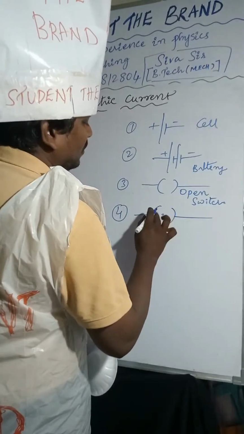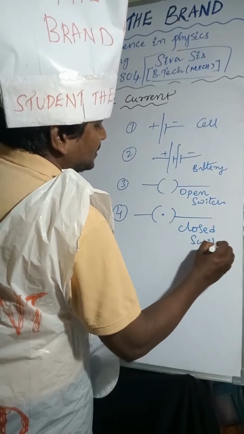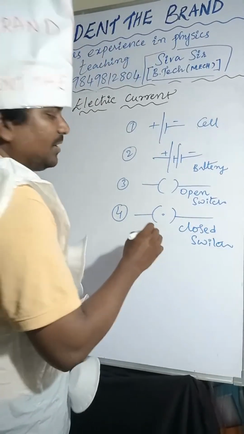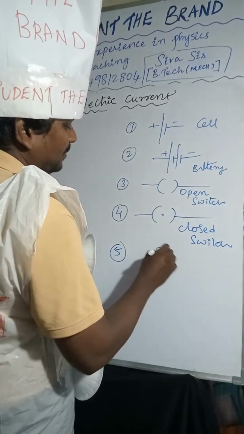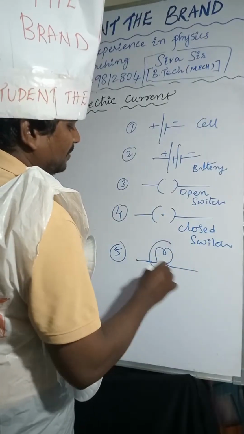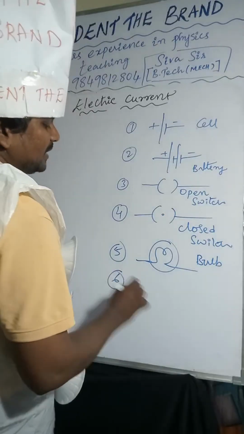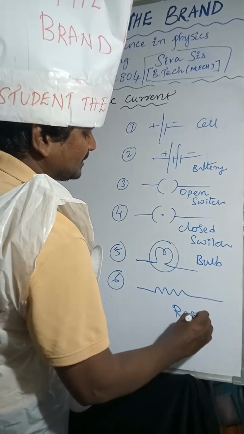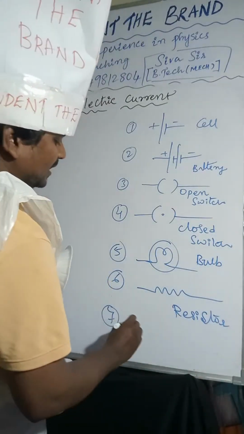Next, the fifth one is the bulb. Sixth one is the resistor. Seventh one is the rheostat.